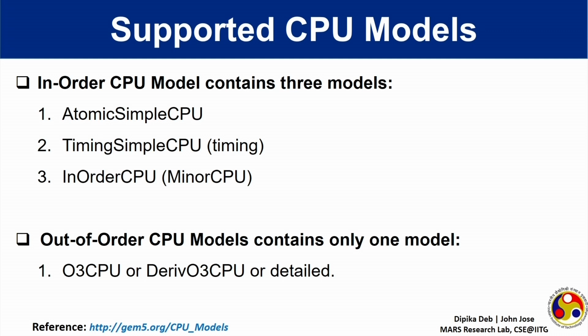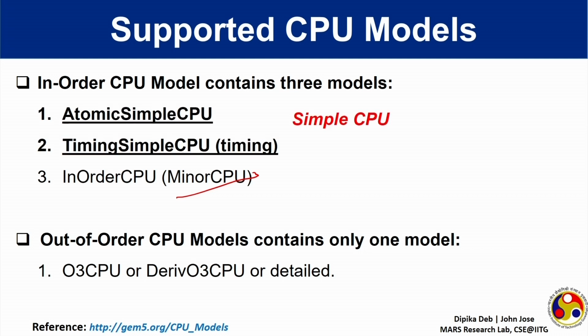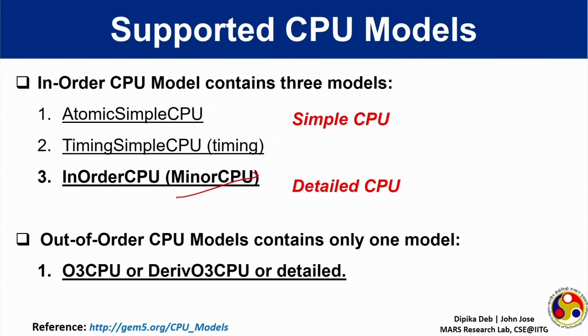The name given to this model in gem5 is Minor CPU. There is just one out-of-order CPU model, that is O3 CPU or DerivO3 CPU, available in gem5. The first two CPU models are also known as simple CPU models, and the next two are known as detailed CPU models.